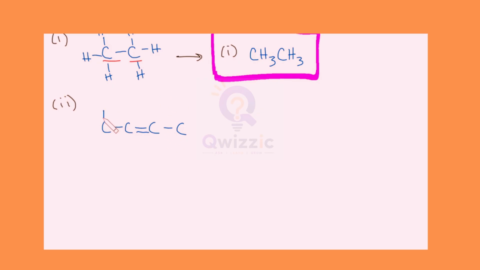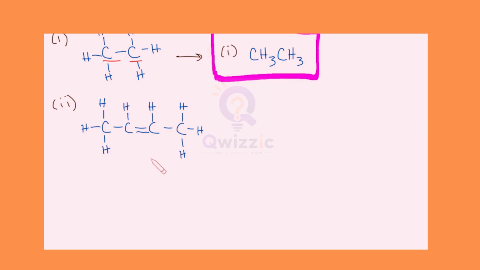So adding our hydrogens, the end carbons will have 4 single bonds, 3 CH bonds and 1 CC bond. And then our inner 2 carbons will have 1 single CC bond, 1 double CC bond, and 1 hydrogen, CH bond, right?